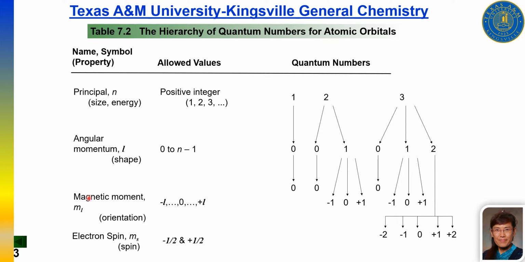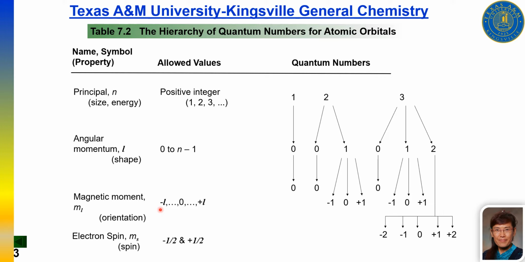The third one is called the magnetic moment quantum number. You use ml to represent it. This ml represents the spatial orientation of the associated orbital. The allowed values for your ml range from negative l to 0 to positive l.